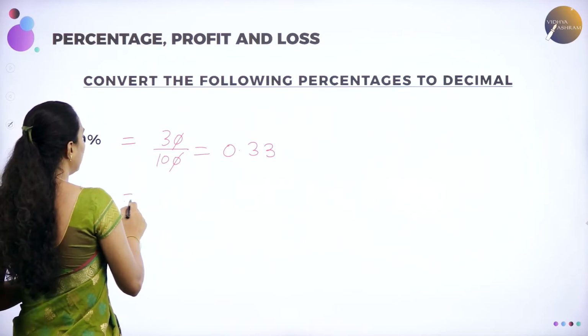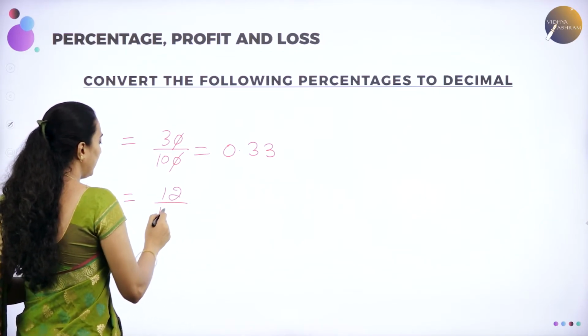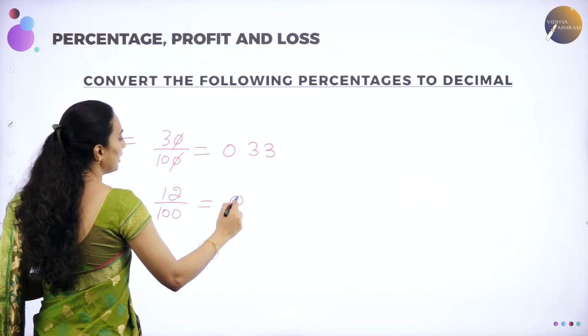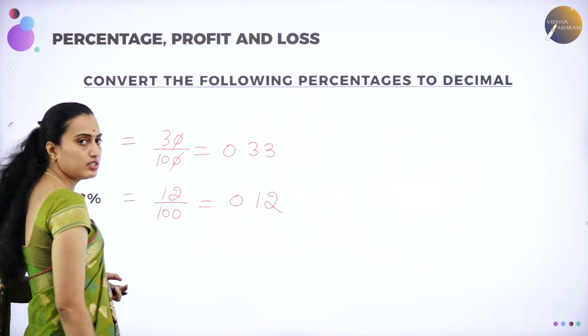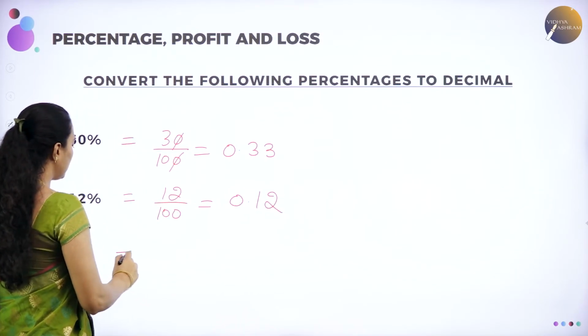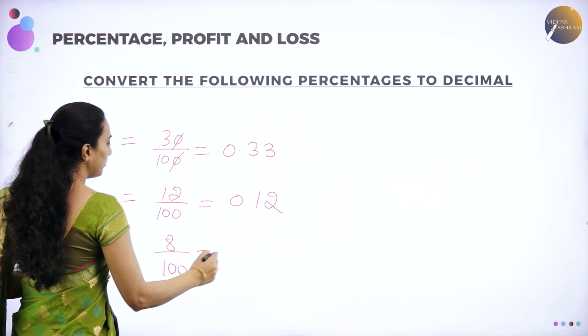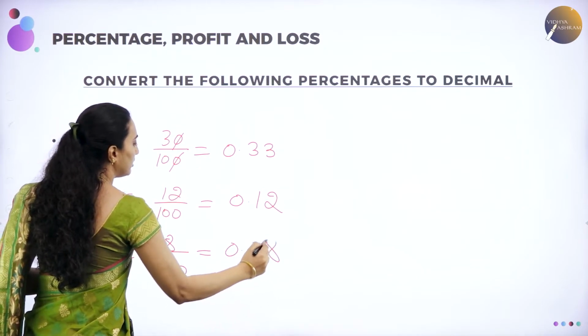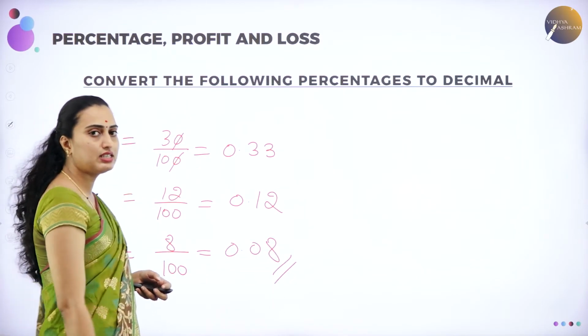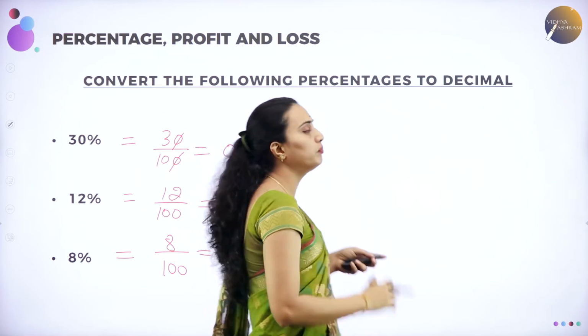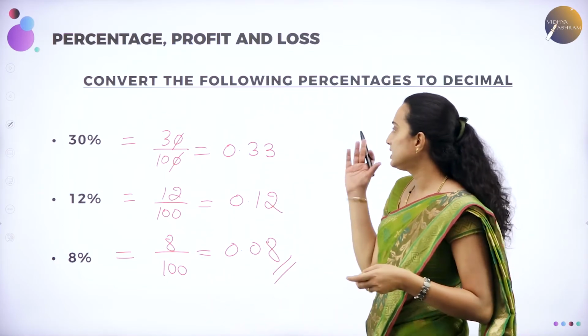You write it as 12 divided by 100, which is 0.12. That's it, yes. Next 8%. 8% can be written as 8 divided by 100, which is 0.08. Okay, that's it, dears, how to convert the given percentage to a decimal.